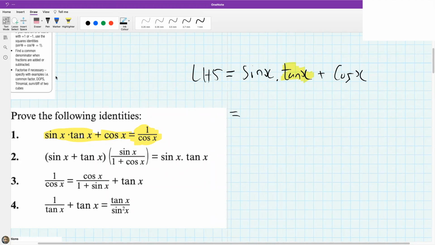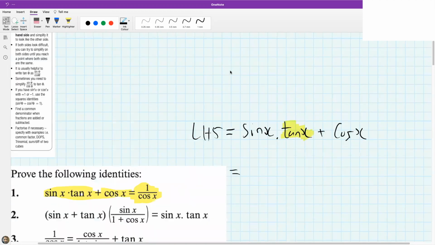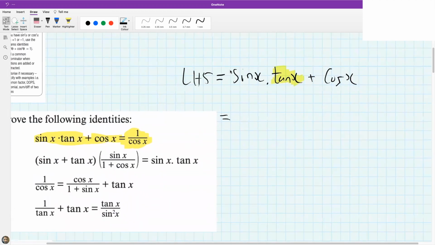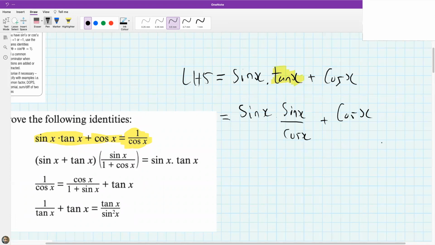I think that we should simplify the tan of x into sine x over cos x. Perfect. I would highly agree with you. So you're saying I should do this. Okay, perfect. What should we do after that? Any ideas?